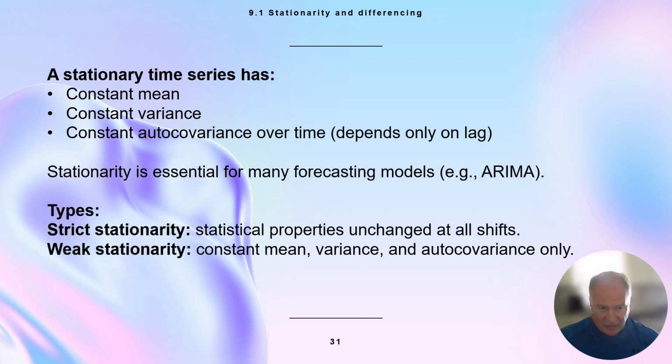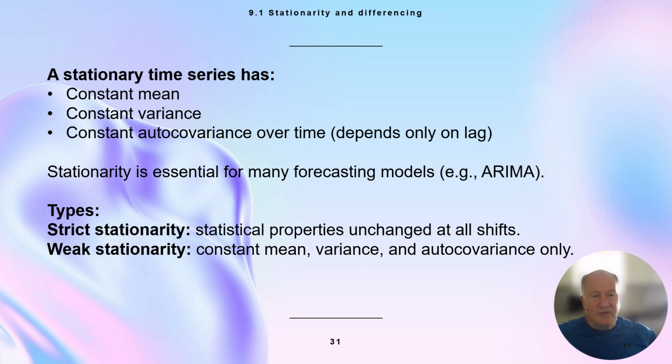Stationary time series have a constant mean, a constant variance, and a constant autocovariance over time, so it depends only on the lag. And stationarity is essential for many forecasting models such as ARIMA.